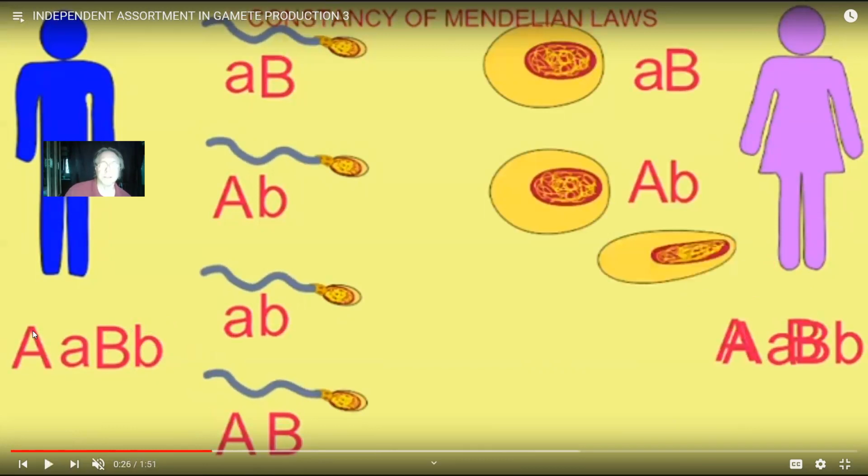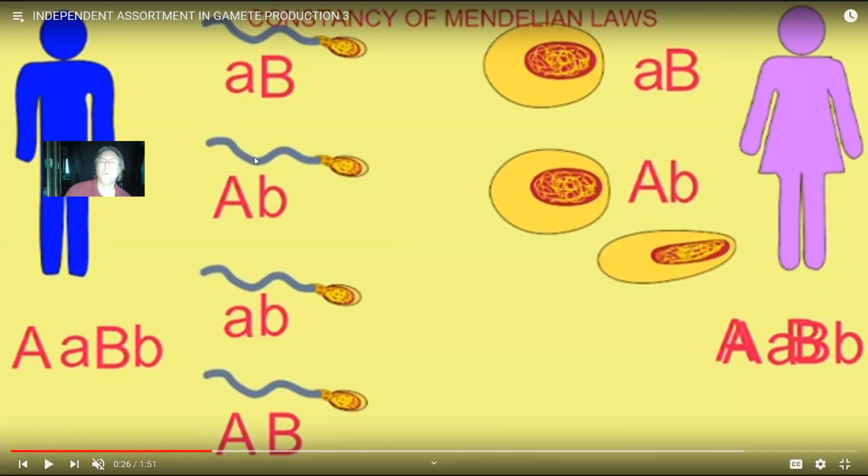This first allele for the first gene could be associated with the first allele for the second gene, or the second allele for the second gene. So this one or this one. And then this second allele for the first gene could be associated with the first allele for the second gene, or the second allele for the second gene. So this one and this one.